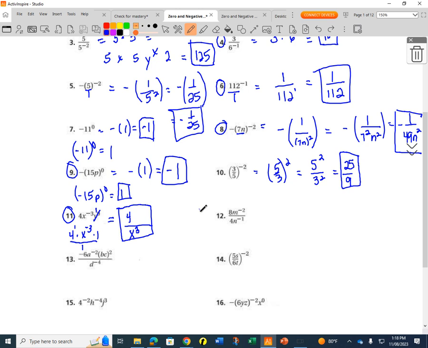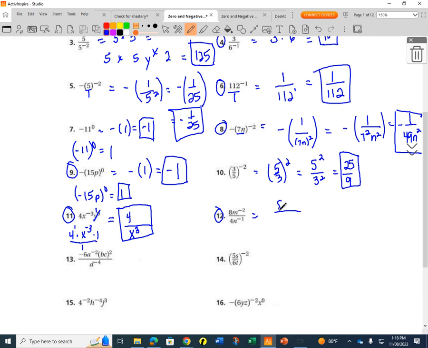All right. Number 12. Negatives and negatives. What's the exponent on 8 here? 1. It's not negative 2, right? What's the exponent on 4? 1, right? So the 8 and the 4 are going to stay in the same spot. So I'm going to leave them there.